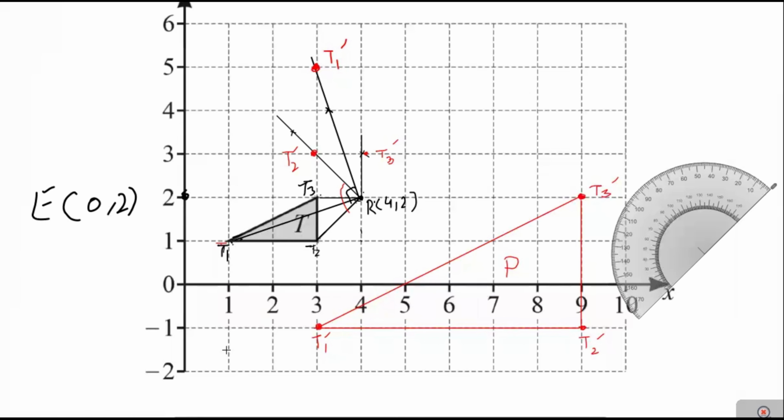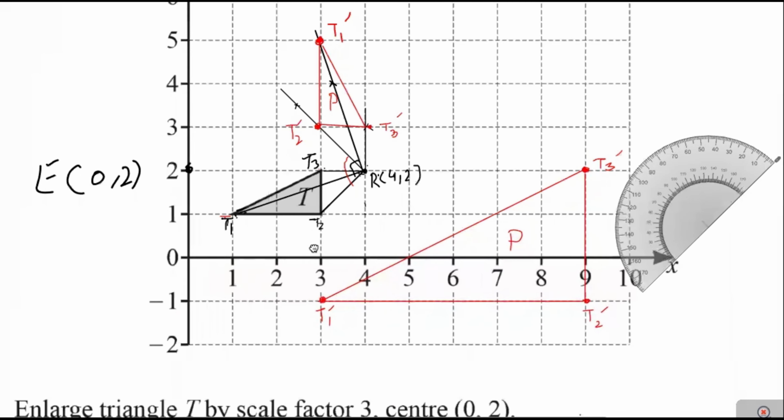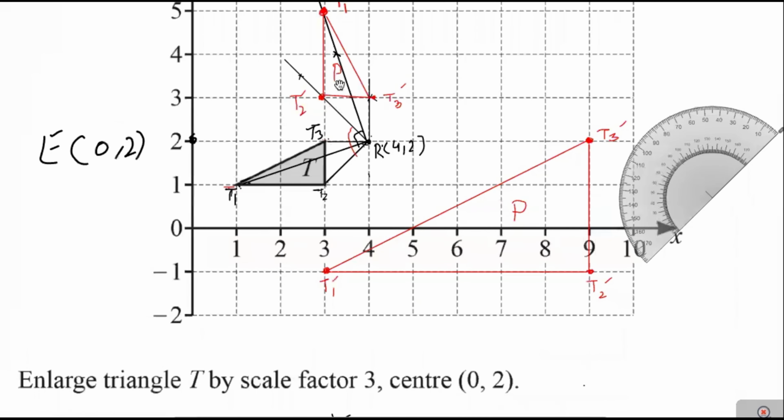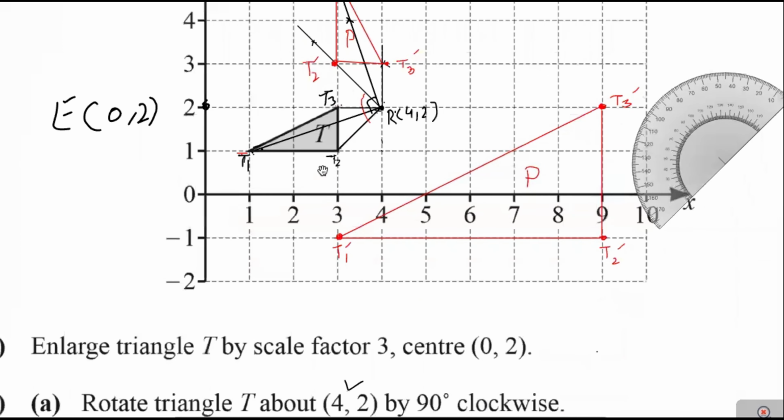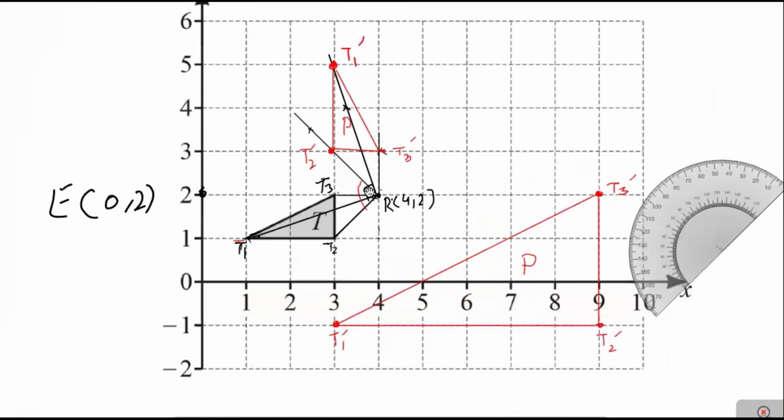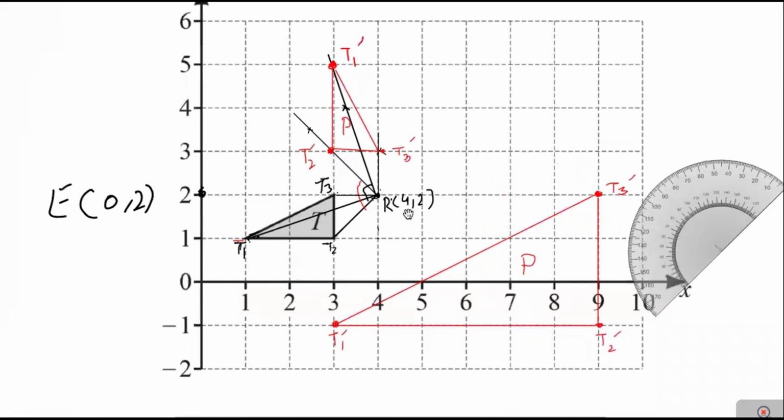Now we join all these points, T1 to T2 and T1 dash to T3 dash, and this is the image triangle P. After rotating triangle T 90° clockwise about R, we get this triangle P.